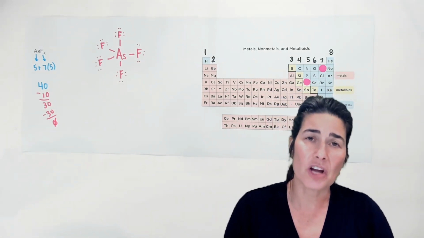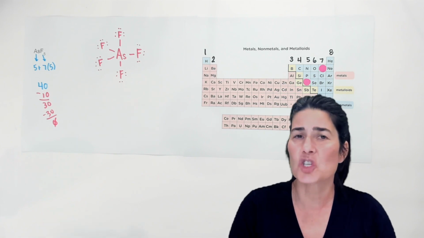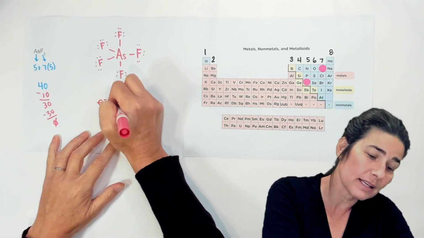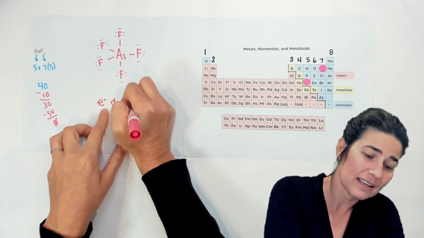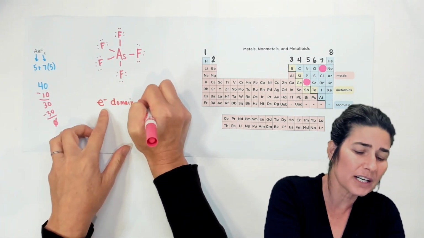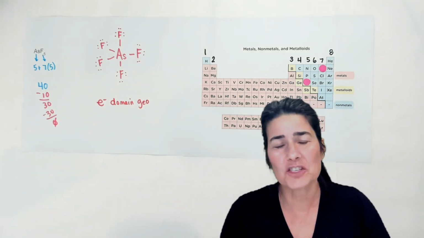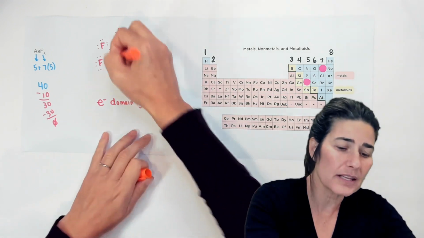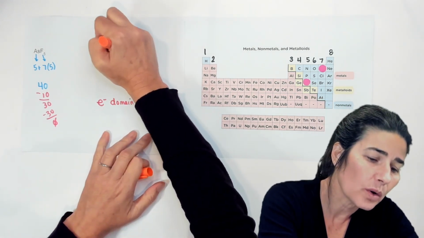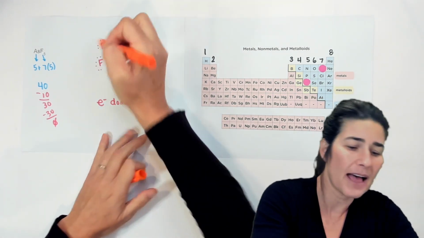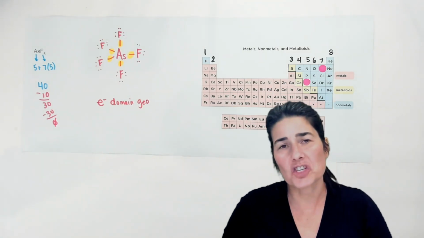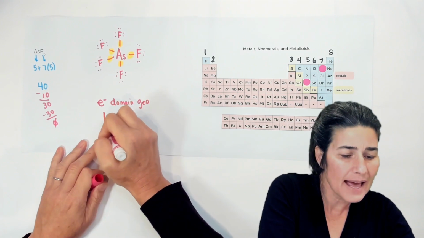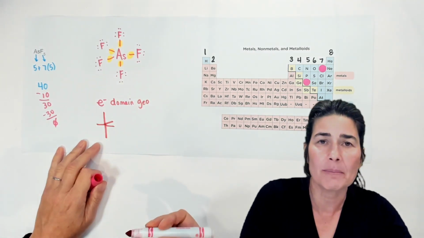If I want to know the electron domain geometry, I'll call it electron domain geo for short, I look at how many domains I have on my center atom. It looks like I've got 1, 2, 3, 4, 5. The electron domain geometry for 5 things is 1 up, 1 down, 3 in a ring around the middle.